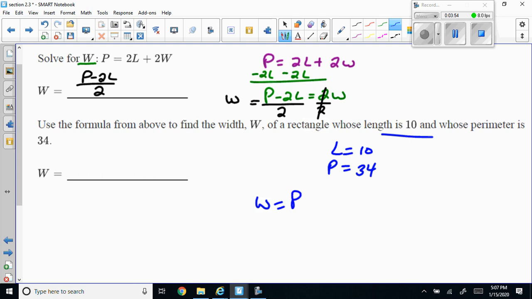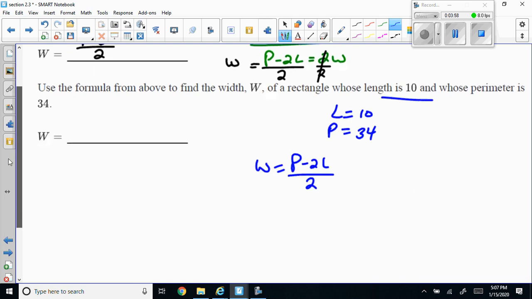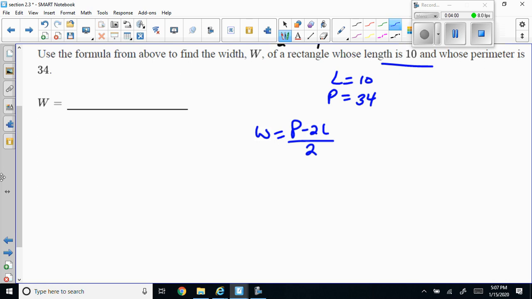W or width equals P minus 2L over 2. So just like I said, straight chug and plug. 34 minus 2 times 10 over 2. So that's 34 minus 20, which is 14 divided by 2. So the width would equal 7.